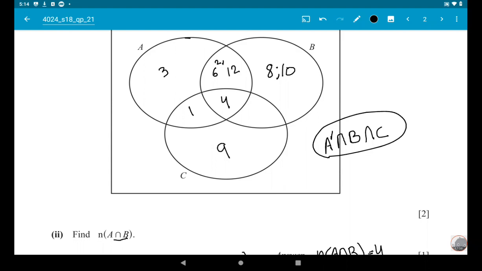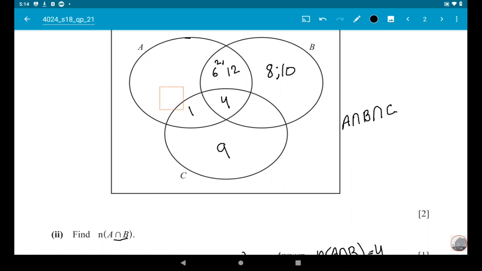If we write this without complement, A intersection B intersection C, okay? So the only part is this. If we remove this, okay, then what? But he says one has no element. So B also has this 4, C also has this 4, A also has this 4.